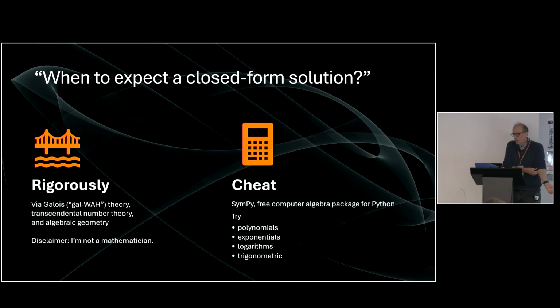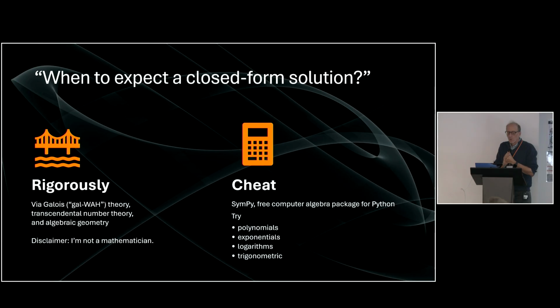So to find out when you can get the closed form, you can do it 2 ways. You can do it rigorously using things like Galois theory, if I'm pronouncing that right, which if you're a math major, you might see in your junior or senior year in college undergrad math.